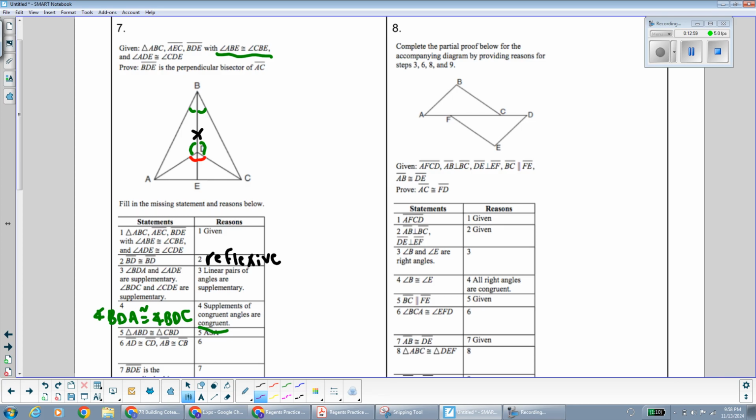So from here, now that we've already proven two triangles congruent, now they're saying that AD is congruent to CD. Notice how AD and CD are corresponding sides of the two triangles that we've already proven congruent. They match up.